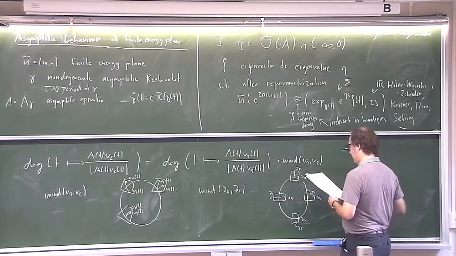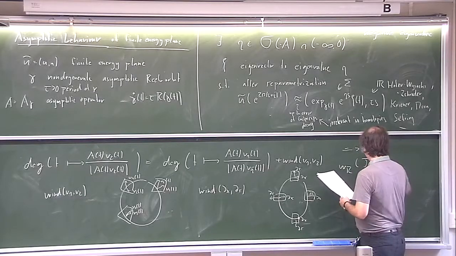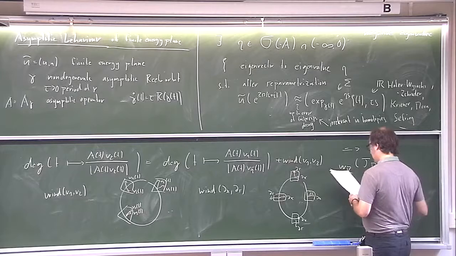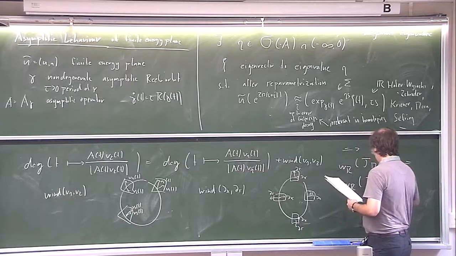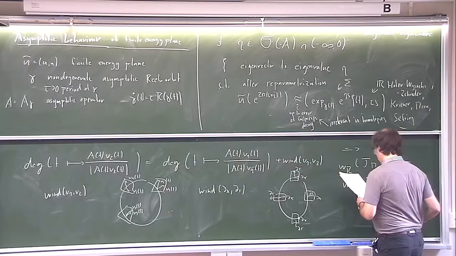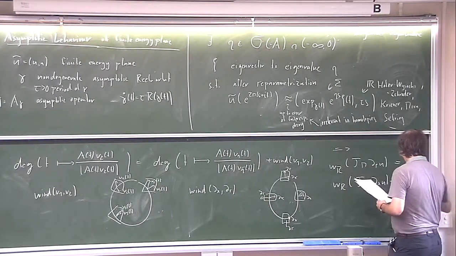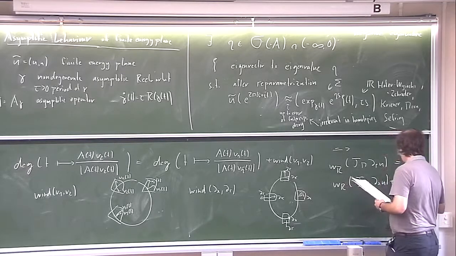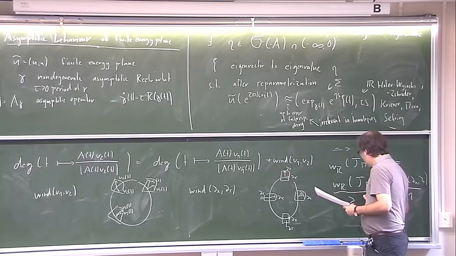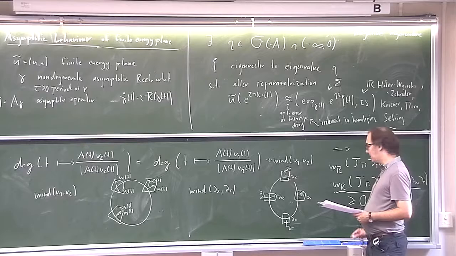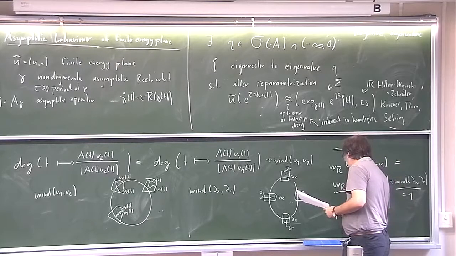So we have the relation that WR of tau pi dru equals the winding of tau pi dxu plus the winding of dx, dr. This here is 1, and this here is greater than or equal to 0 by positivity of winding, because this is almost holomorphic.